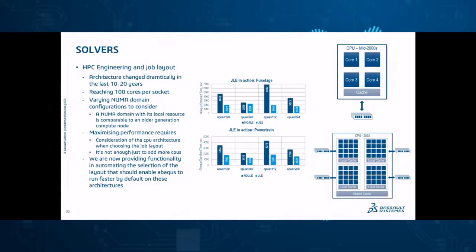There's additional cost associated with a core in one NUMA domain accessing data in the memory of another NUMA domain, and therefore that gives you that non-uniform part of the memory access. So to get the most benefit from additional CPU cores in this context and with this architecture, it's important to structure the job in a way that minimizes the data access across NUMA domains. And this is what can be achieved by controlling the job layout.